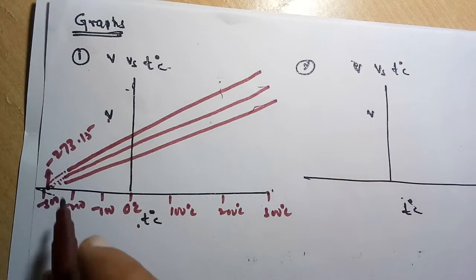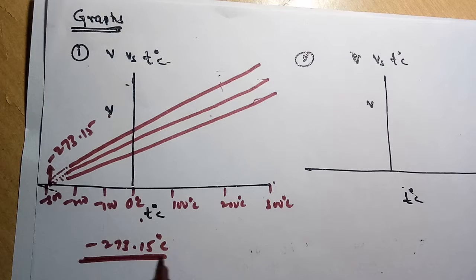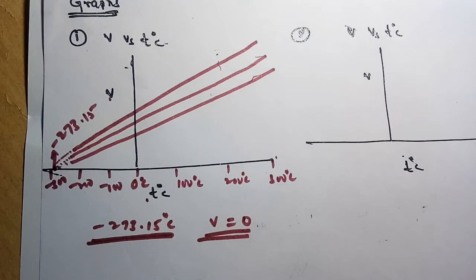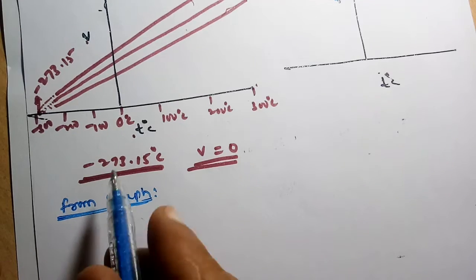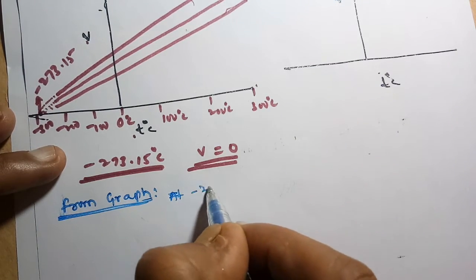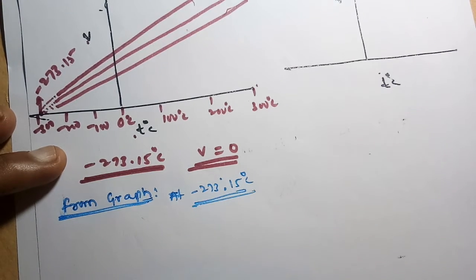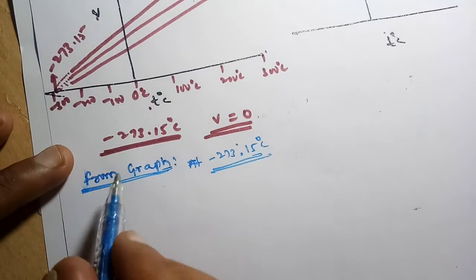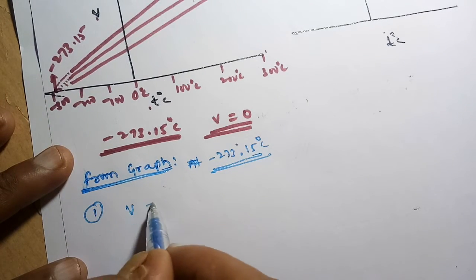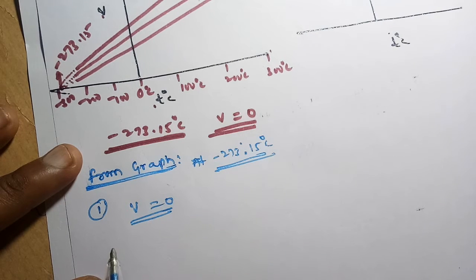So that means at minus 273.15 degrees centigrade, the volume occupied by the gas is equal to 0.